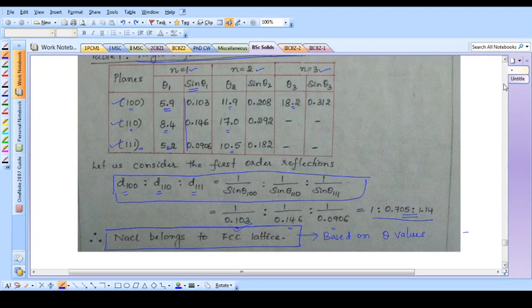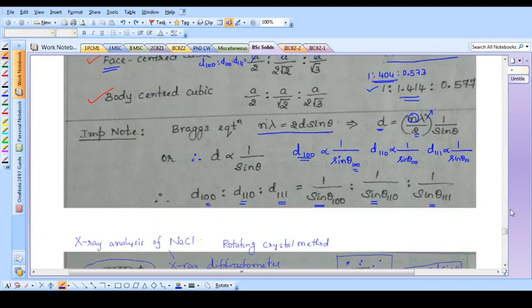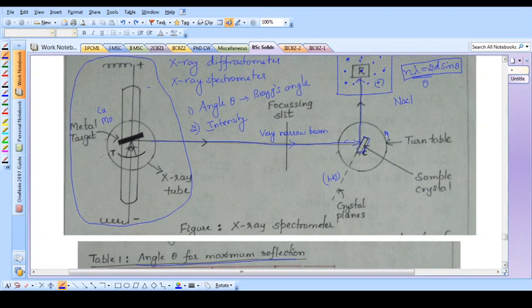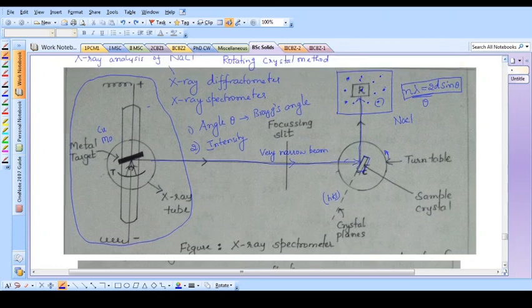If I refer back to the diagram of X-ray diffractometer, this is the diffraction spot. So the position where a diffraction spot occurs, if we analyze all these positions, that is nothing but the angle theta, it gives an information about the type of lattice. In this example, sodium chloride belongs to FCC lattice.